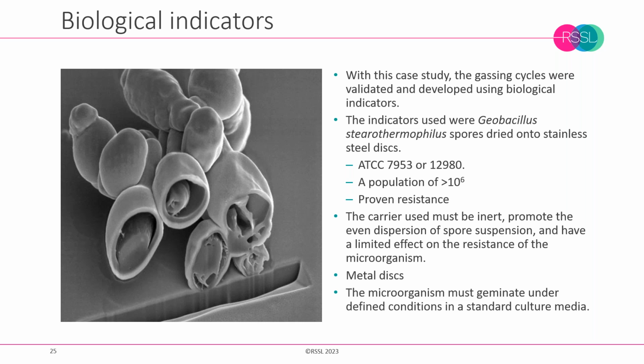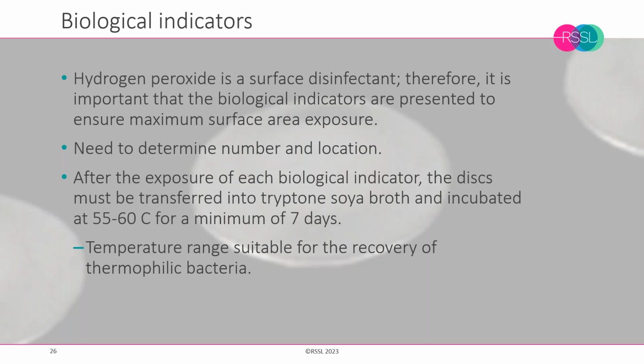The death of these microorganisms, as we can demonstrate through fractional negative studies, is the same as with any heat process, so it's a logarithmic reduction. So also when we're using biological indicators, it's important that they're fully exposed.